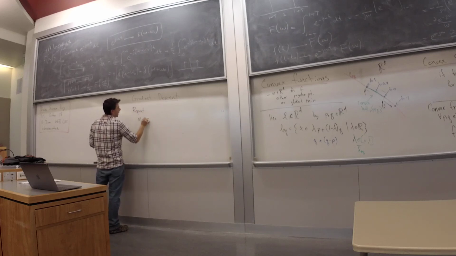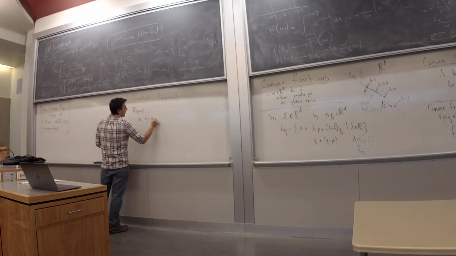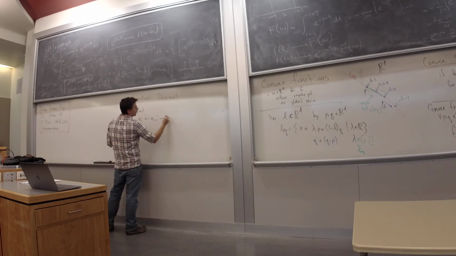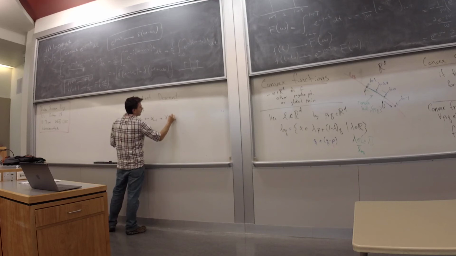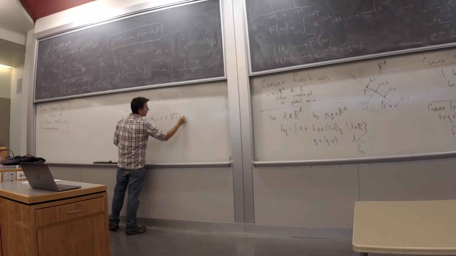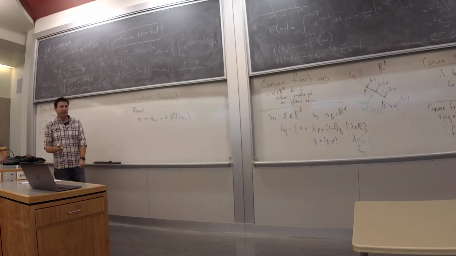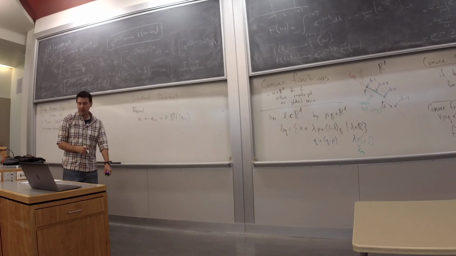Alpha i is going to be alpha i minus 1 plus lambda times what's called the gradient of f at alpha i minus 1.